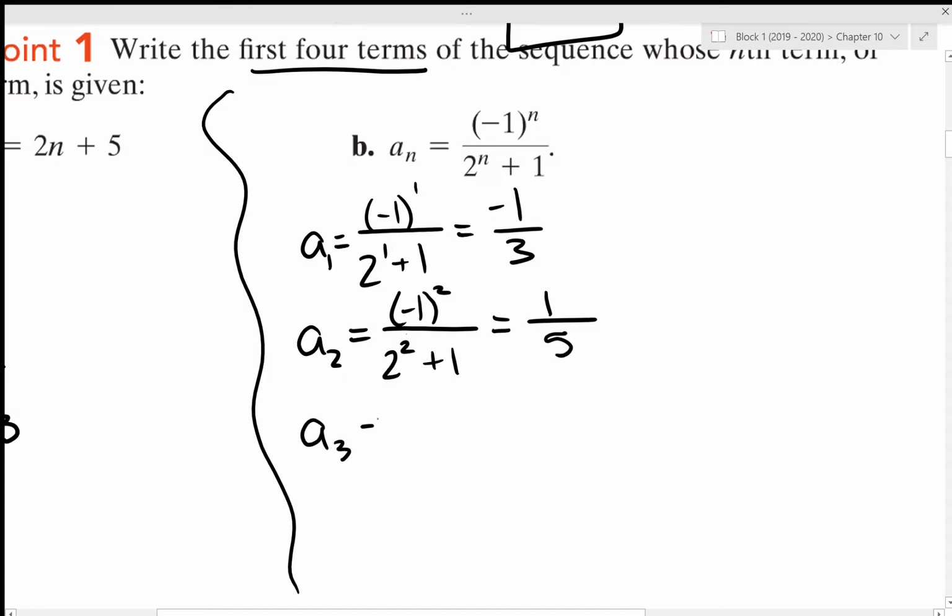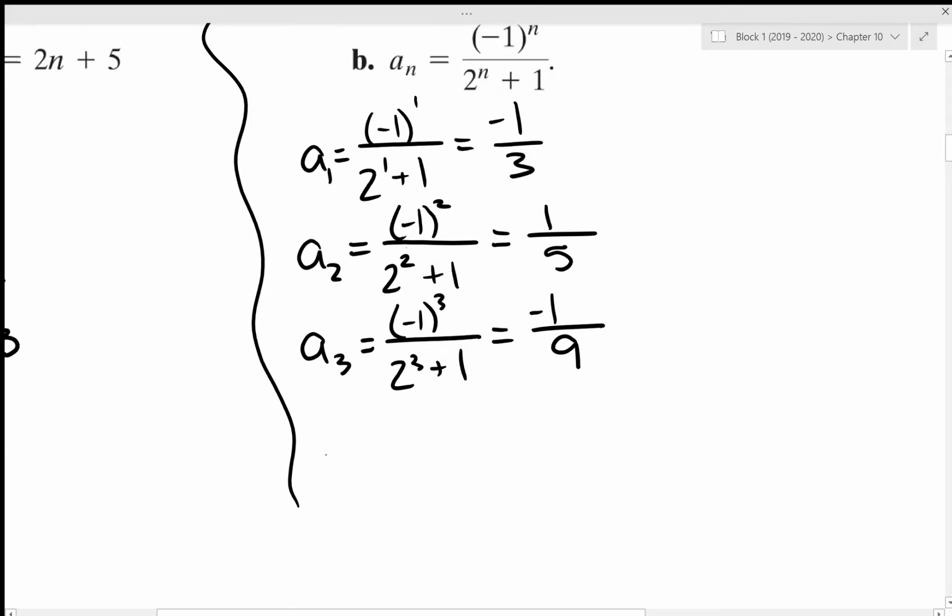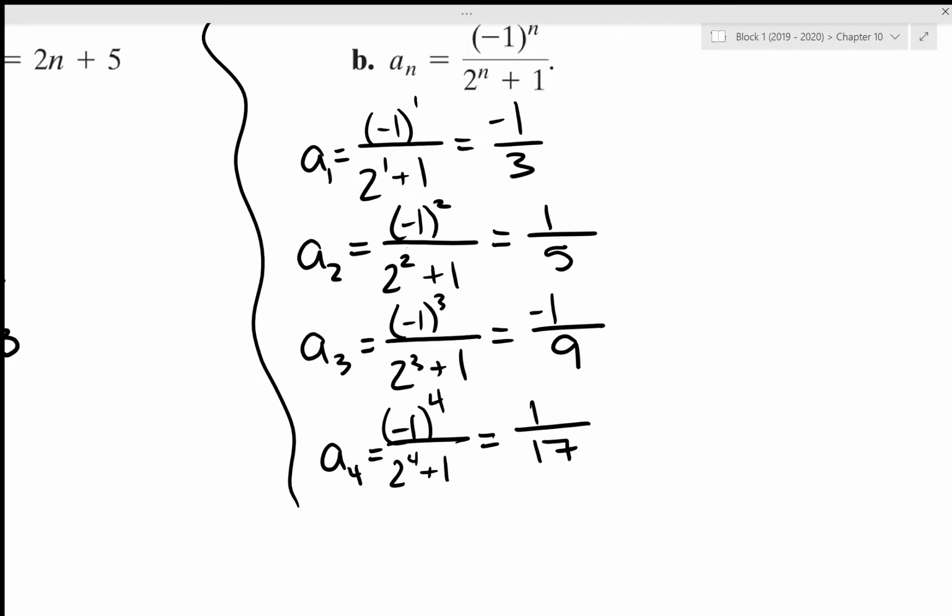A of 3, negative 1 to the third over 2 to the third plus 1, is negative 1 over 8 plus 1, which is 9. And then a of 4, negative 1 to the fourth over 2 to the fourth plus 1. So it's positive 1 over 16 plus 1, which is 17. So that is how we find our terms using the general formula.